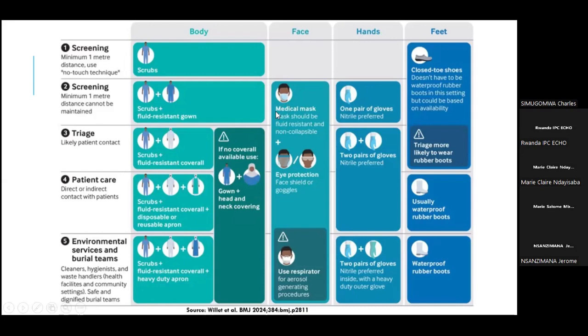And then they must protect the mucus, mask, and eye protection. They must put on 2 pairs of gloves, and these are almost the same as the level of patient care, except here we use, in addition to this coverall, we add the apron, which can be disposable or reusable.